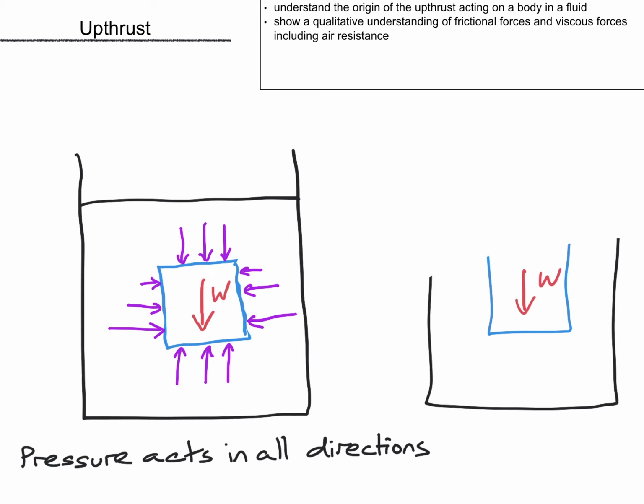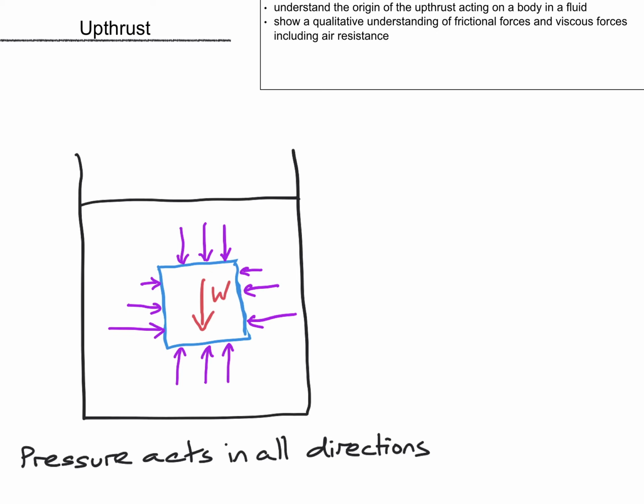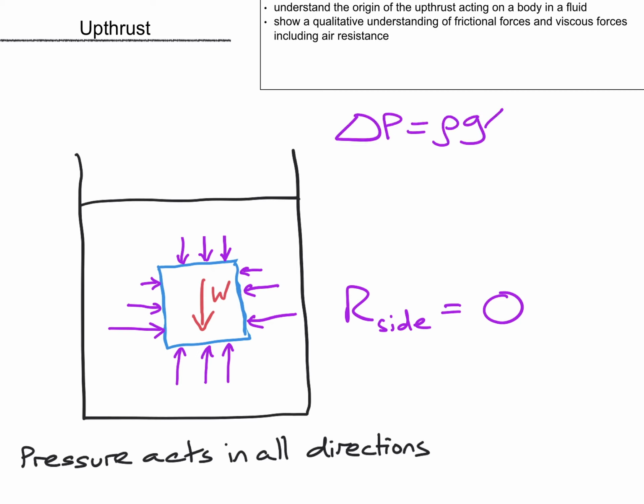Now, looking at the arrows I drew for the 2 sides, the sizes of the forces match up perfectly, so the resultant force sideways is 0. However, due to delta P equals rho g delta h, the pressure below and the pressure above are different.